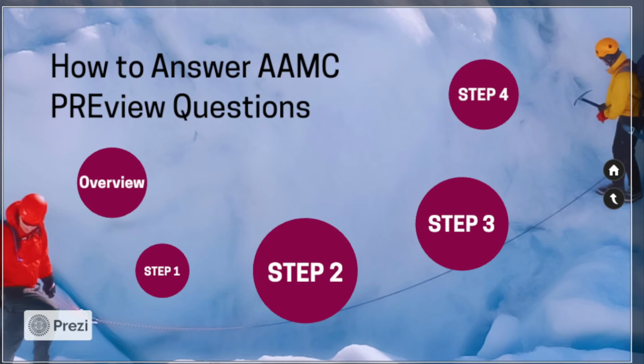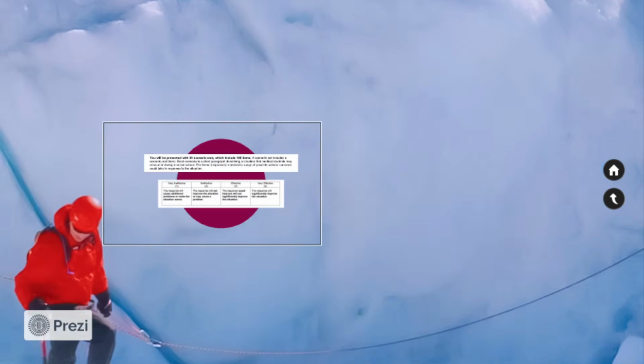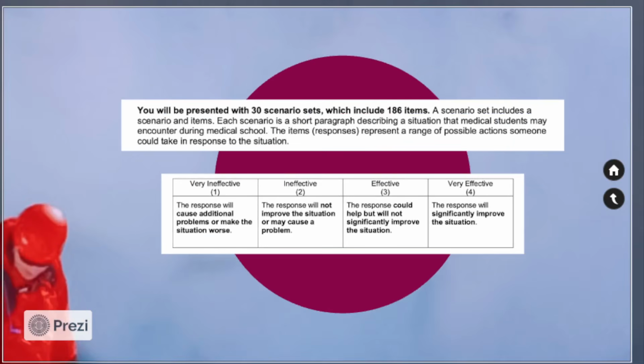on this exam. All right, so if you don't know, the preview test is a situational judgment test where you're given the role of a medical student. And each scenario describes situations you may encounter in medical school, says the AAMC, and some responses to the scenario.